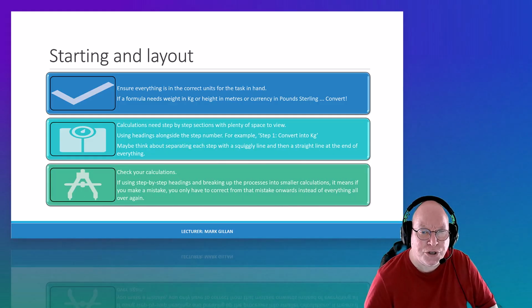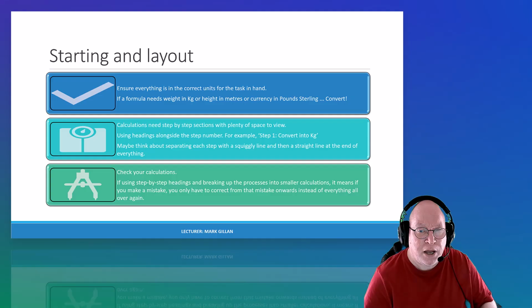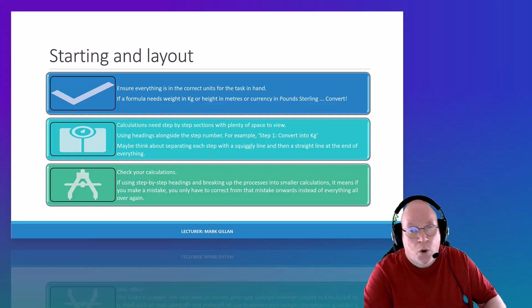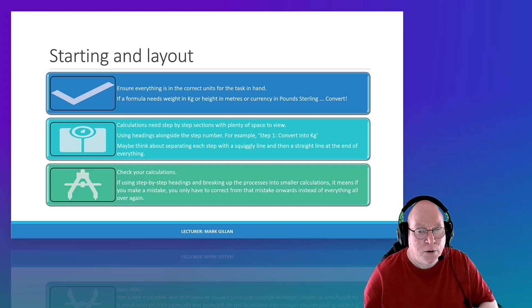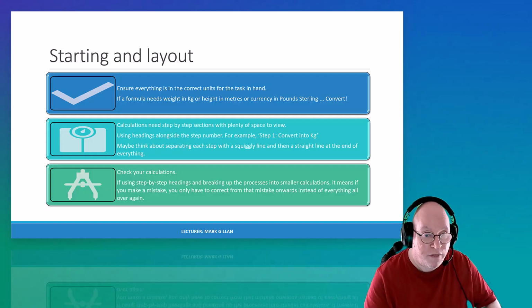Check your calculations, and it's easier when you've split it down into step by step with headings, so you know what's where and what's done what. It means that if you have made a mistake at some point, you don't have to do the whole thing all over again. You can just go through bit by bit, and when you find the calculation that's wrong, you start again from there, not the whole thing over again.